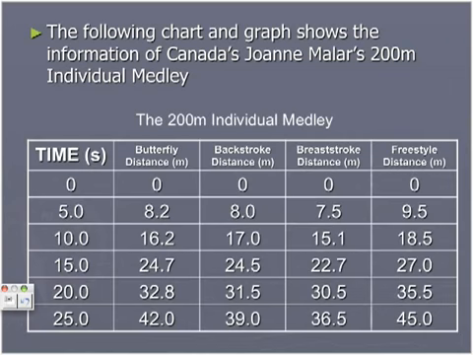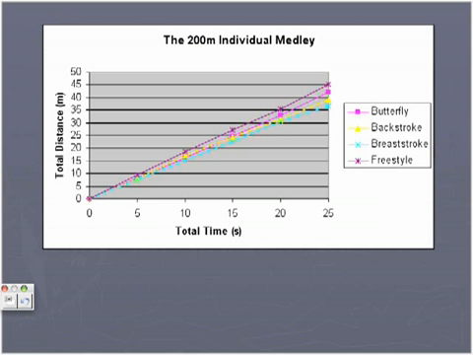Here we have a list of the distances and the time it took to reach each one of those intervals. From a whole bunch of numbers, it'd be a lot harder to identify which swim stroke is the fastest. So the best way to do it is to take all these points and plot a graph.